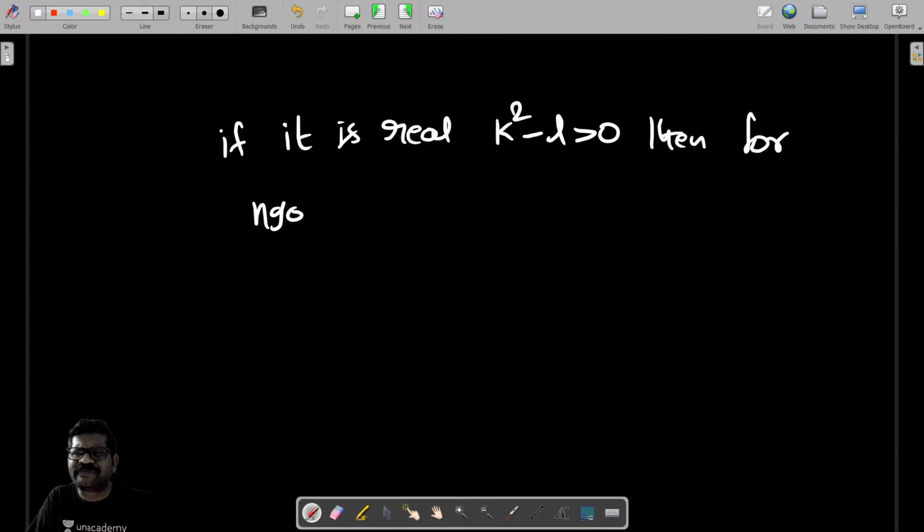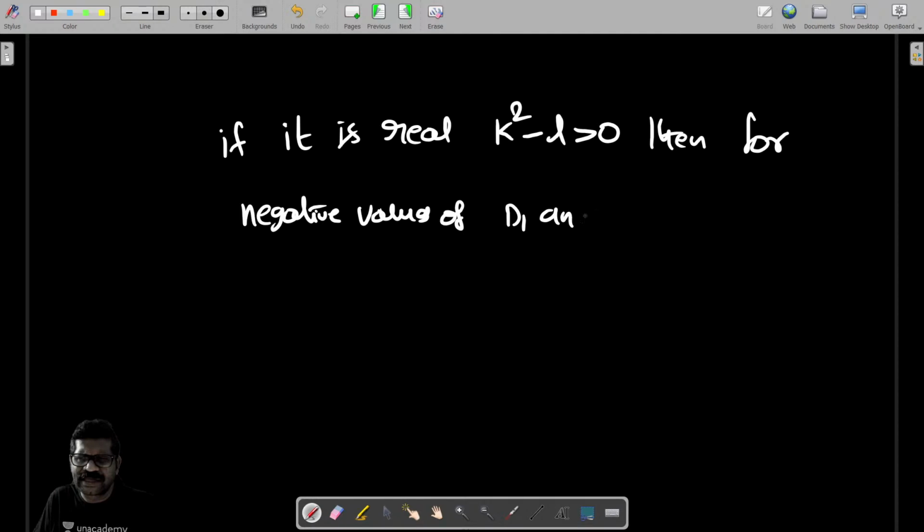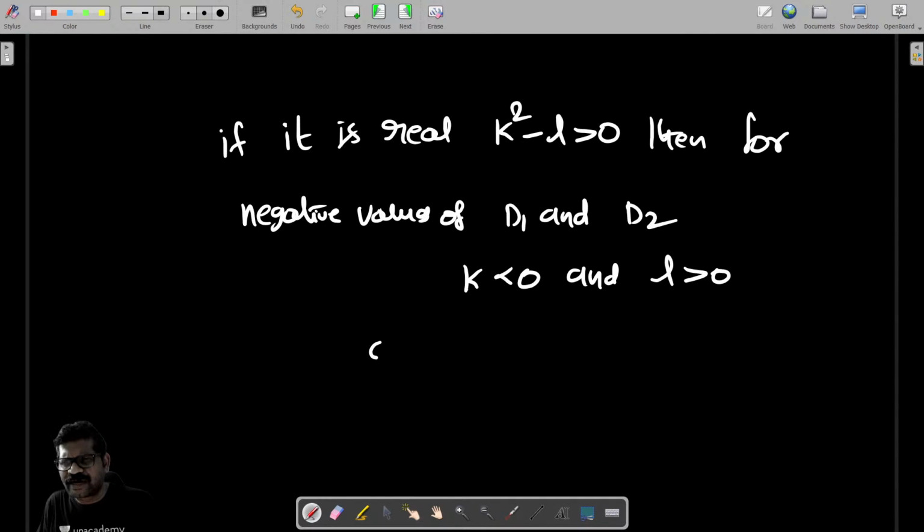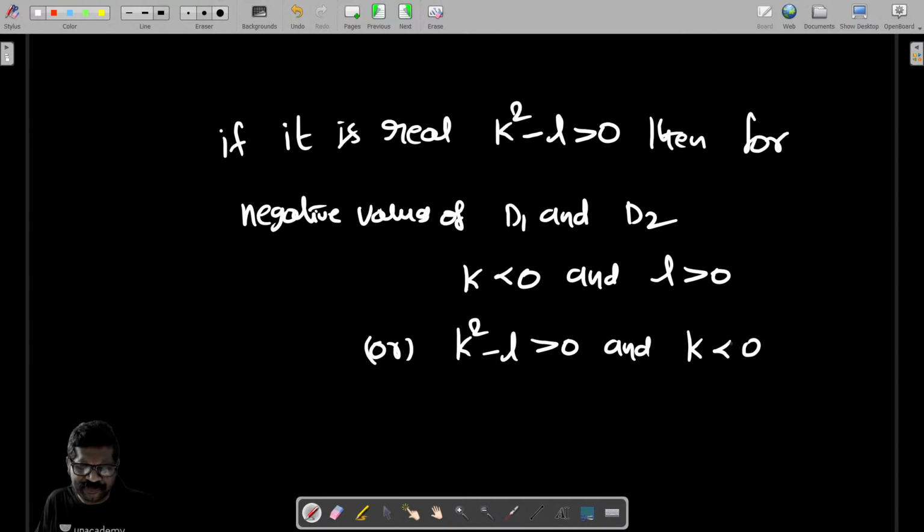Then for negative values of d1 and d2, k less than 0 and L greater than 0, or k square minus L greater than 0 and k less than 0.